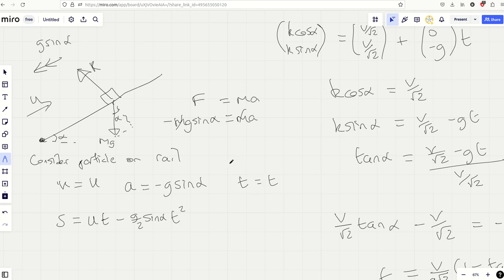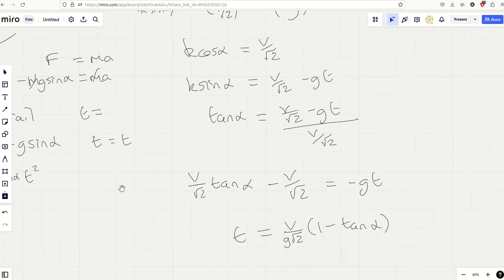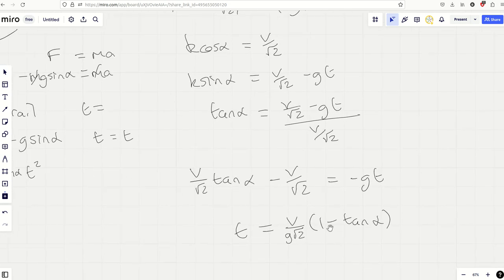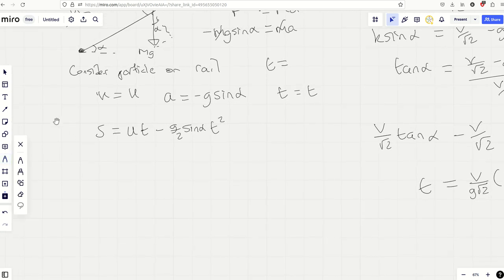Remember, actually, I know t because the time taken to slide up the rail is the same as the time taken for the projectile. So actually, this is going to be what your t is. But let's just leave it in terms of t at the moment. Now remember, that's the displacement in the diagonal direction, yeah? I should point out that all of these are in diagonal directions.